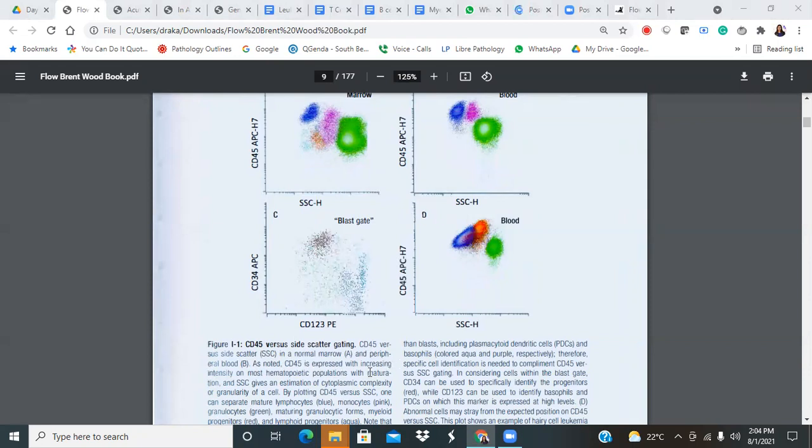CD45 is expressed with increasing intensity on most hematopoietic populations with maturation, and side scatter gives an estimation of cytoplasmic complexity or granularity. That's what I've been saying. By plotting CD45 versus side scatter, one can separate mature lymphocytes in blue, monocytes in pink, granulocytes in green, maturing granulocyte forms, myeloid progenitors in red, and lymphoid progenitors in aqua.